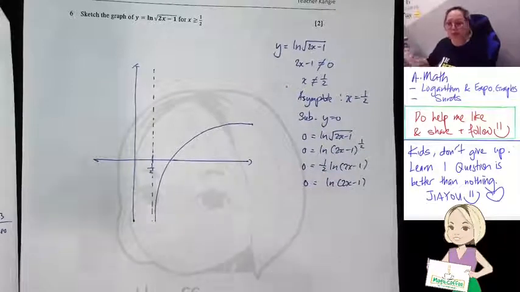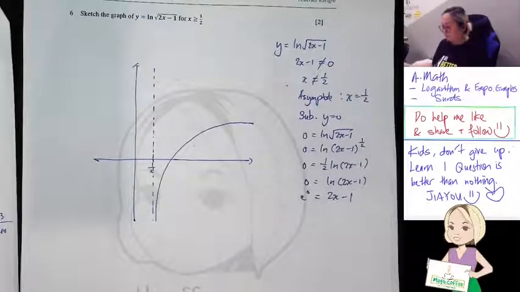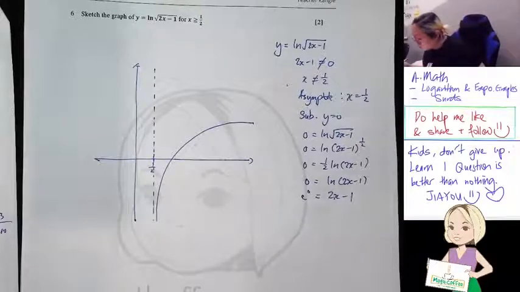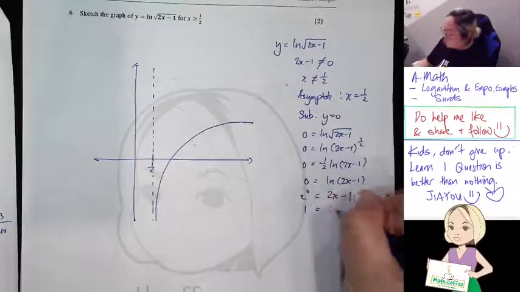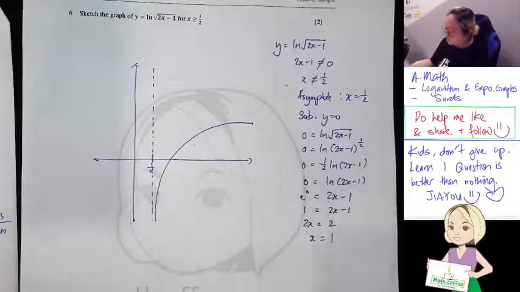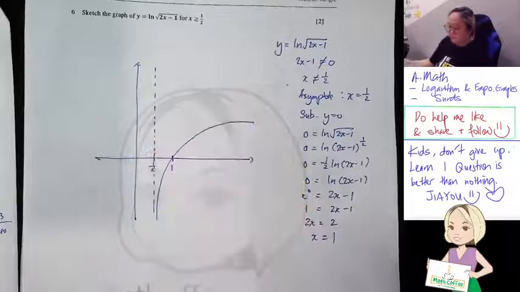Base e, push up. e to the power of 0 is equal to 2x minus 1. Correct now? Okay, so 1 equals 2x minus 1. 2x equals 2, so x equals 1. So over here, it is 1.